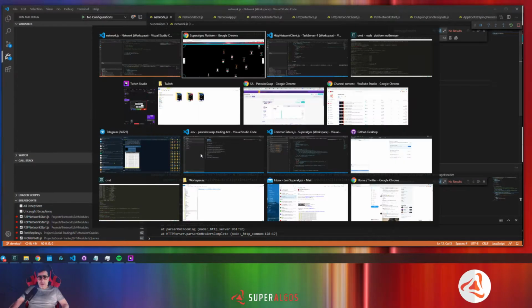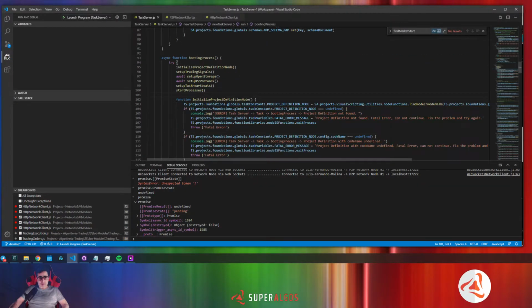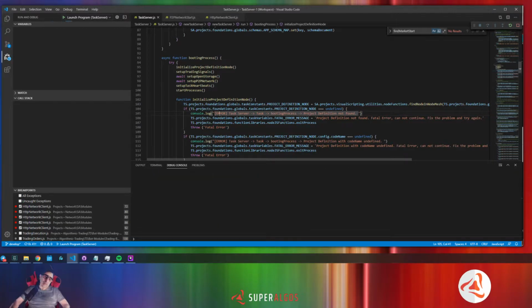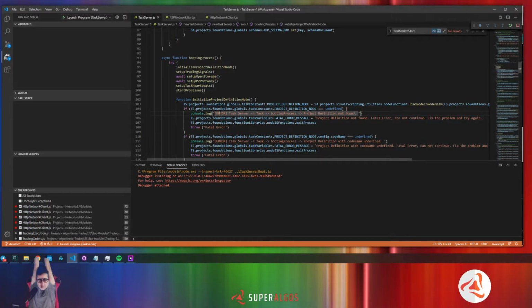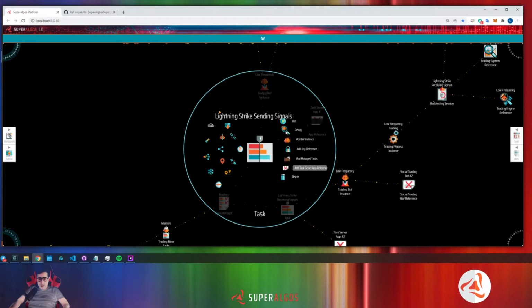So the network is still running. Our task server, we will run it again. Once it's running, we come here and debug.